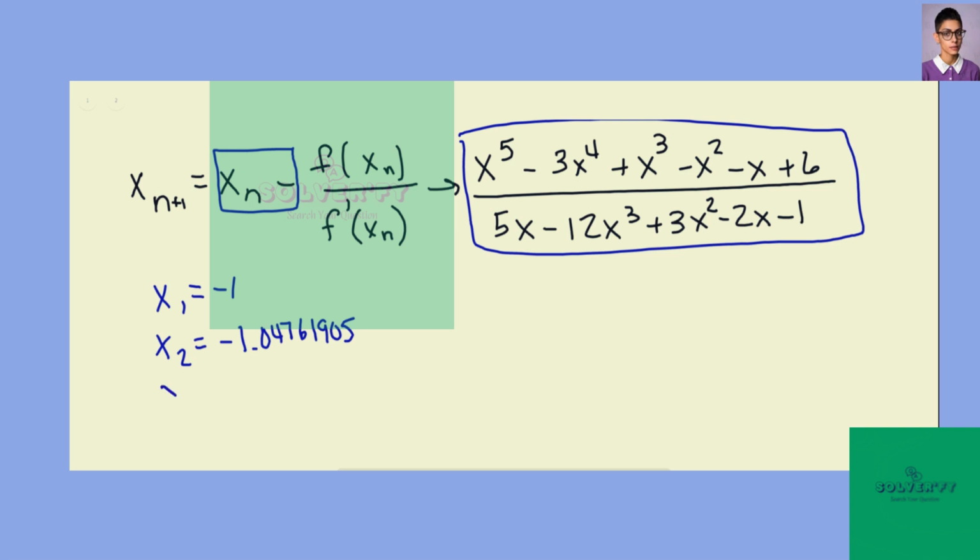So you have to change your table to ask instead of auto. To do that, you hit the second window button and you'll see an auto, and you want it to be ask so that you can put in -1.04761905 and see what you get out for your y value. And then that's going to be your next ask.